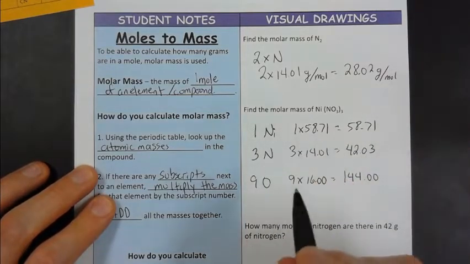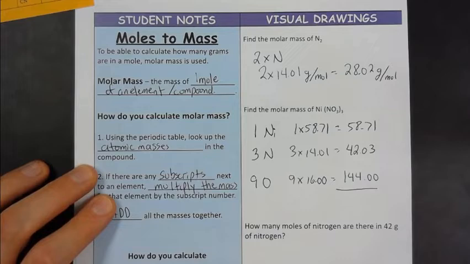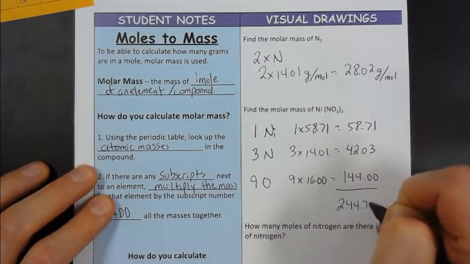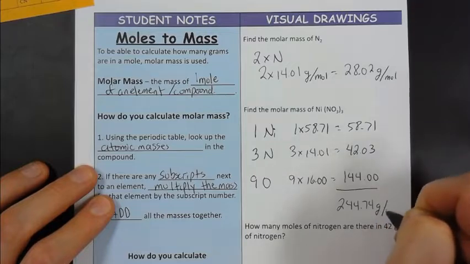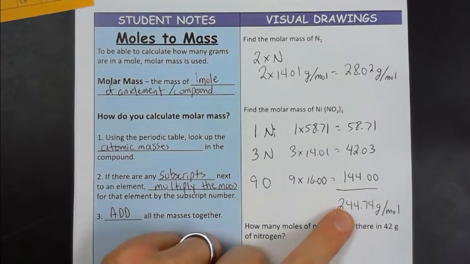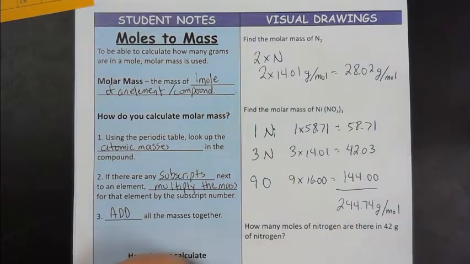Now the total sum for this whole thing, we're going to add them all up. 58.71 plus 42.03 plus 144.00. We get 244.74 grams per mole. Now this number is one piece that we're going to use for the rest of our work.